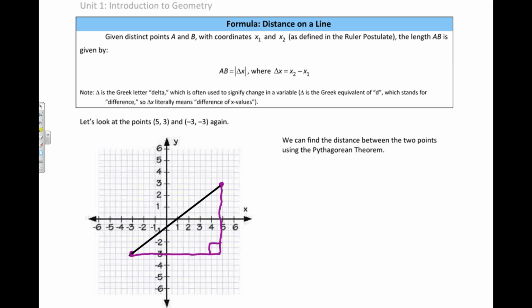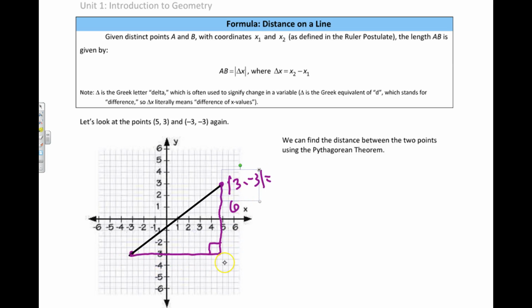And when I look at this right triangle, I can see that the height of this right triangle, this length along this vertical edge here, goes between 3 and -3 for a length of 6, right? So that's a length of 6, which we really found by doing the absolute value of 3 minus -3, right? Equals 6.